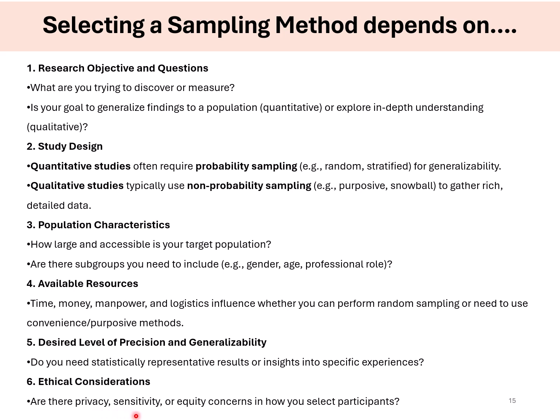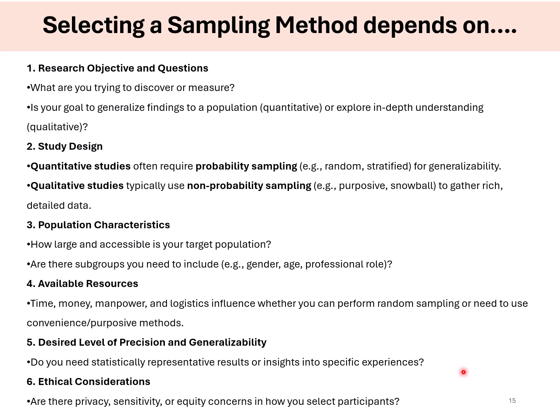Are there privacy, sensitivity, or equity concerns in how you select your participants? If there are privacy concerns, sensitive issues, or equity concerns, then you can go for non-probability sampling, because the participants might not volunteer according to the sequence you are following in probability sampling.